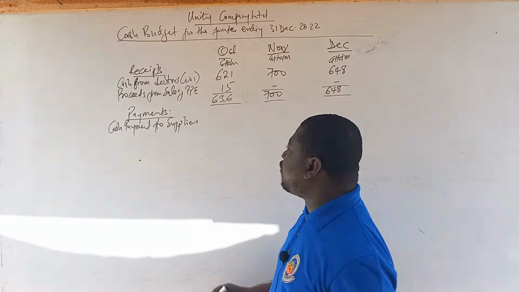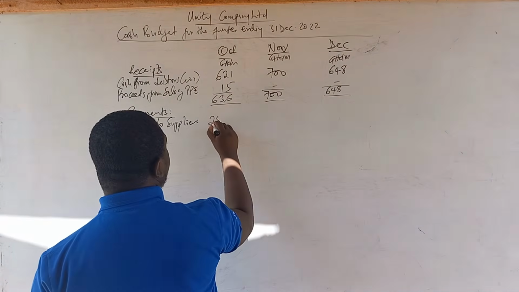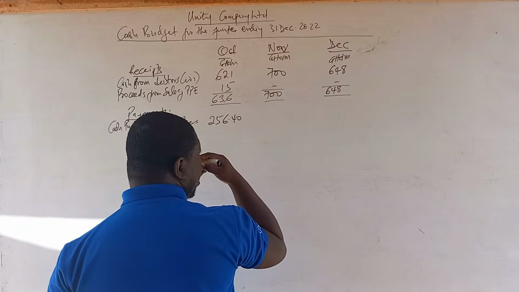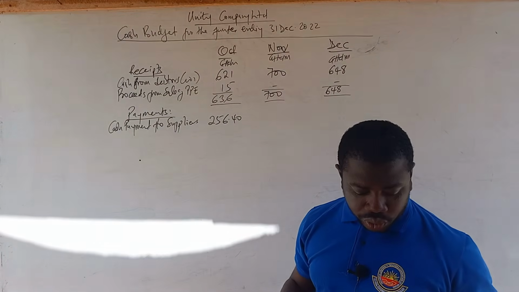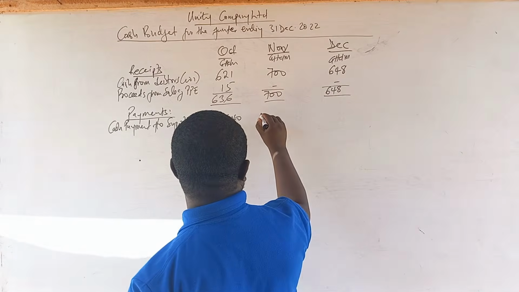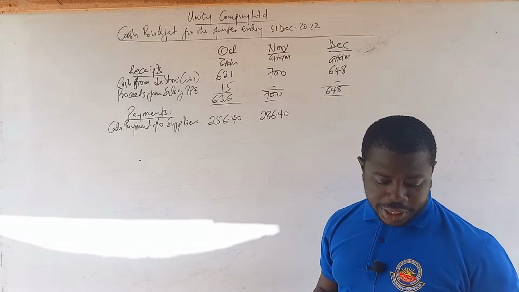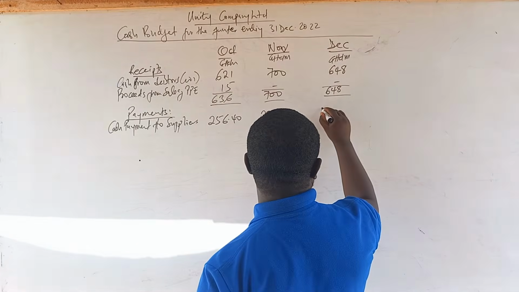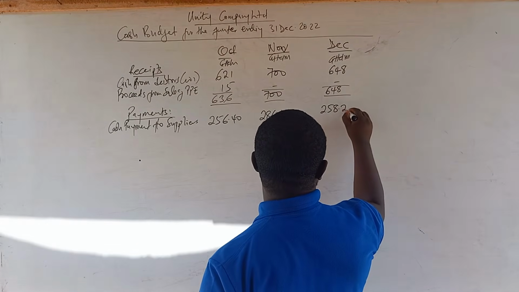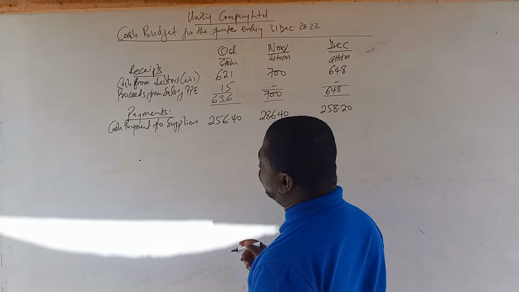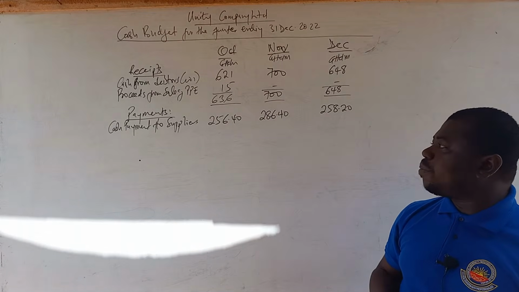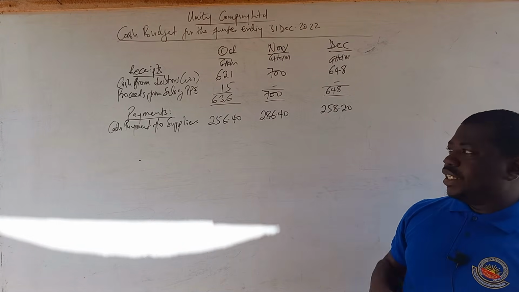And that was 256.40. And then for November, the total was 286.40. And then finally, for December, it was 258.20. So these were the total cash payments to suppliers according to our schedule.